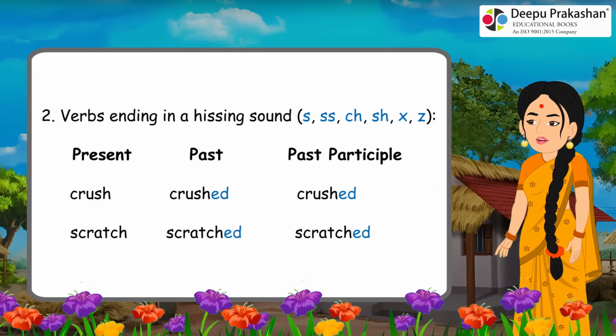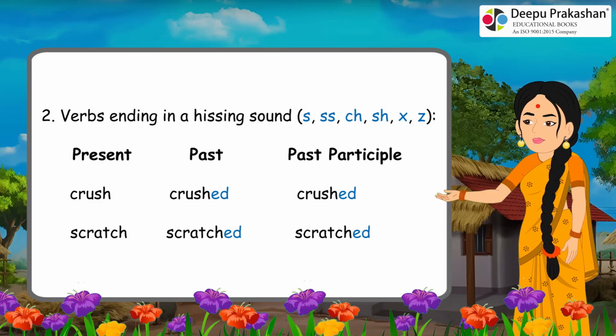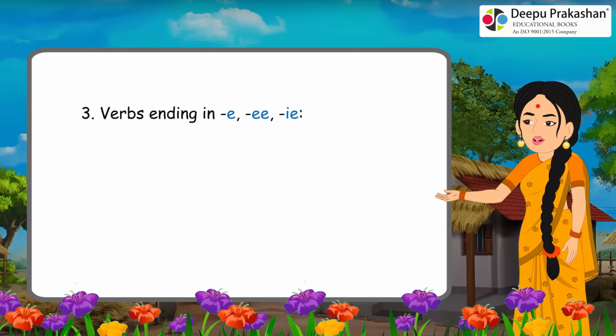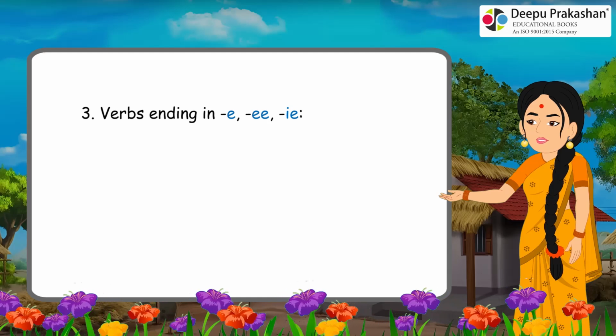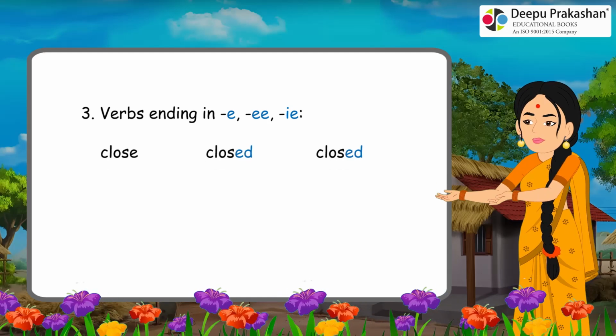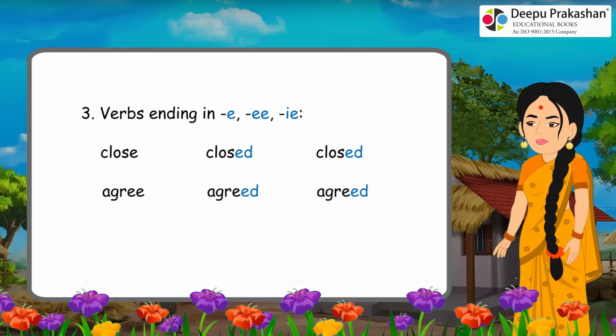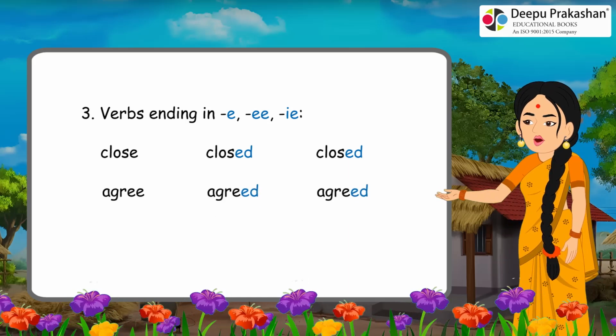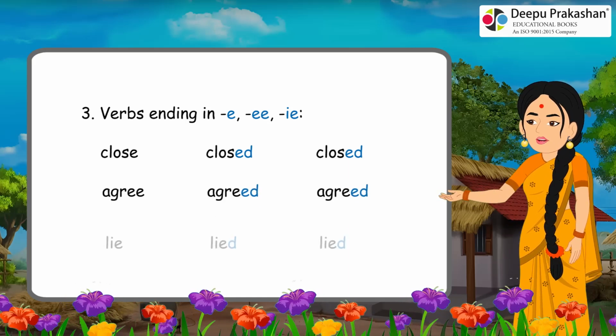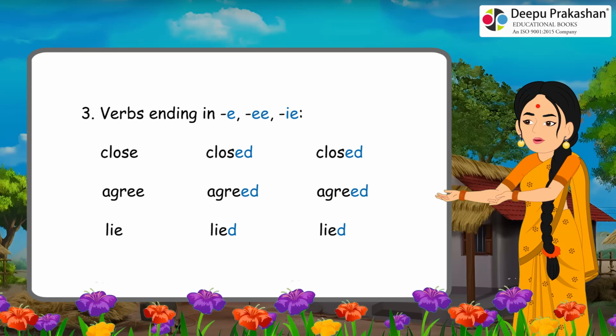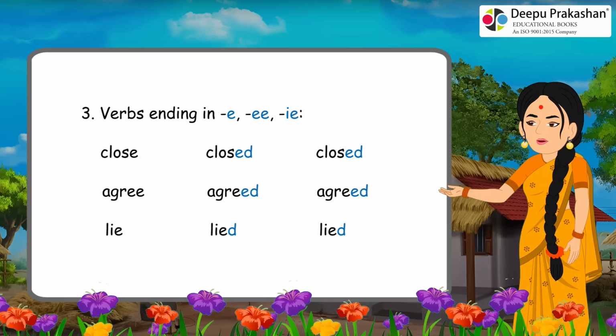Scratch, scratched, scratched. 3. Verbs ending in e, ie, add d. Close, closed, closed. Agree, agreed, agreed. Lie, lied, lied. 4.